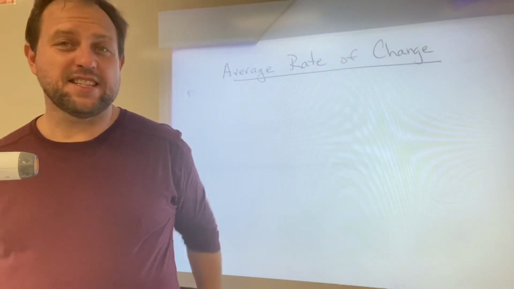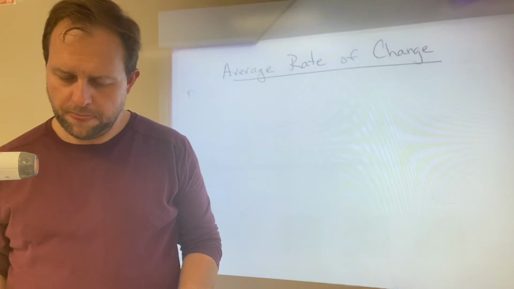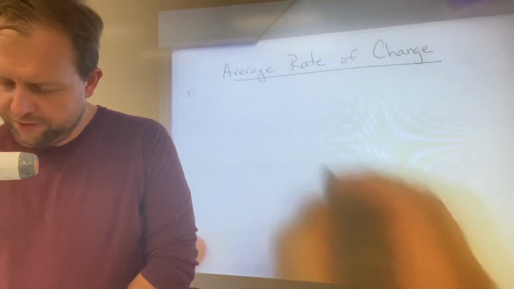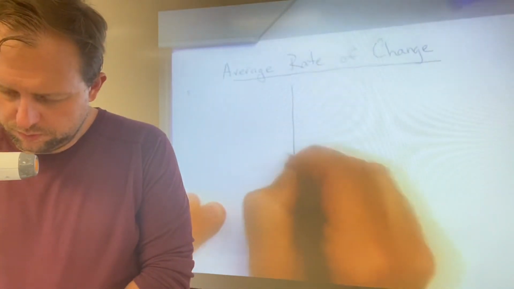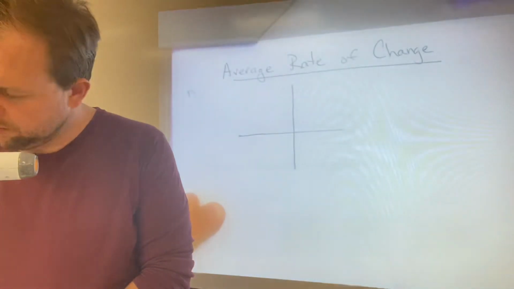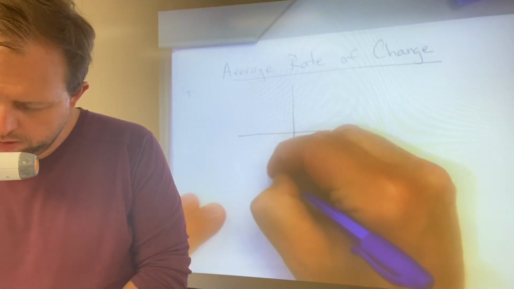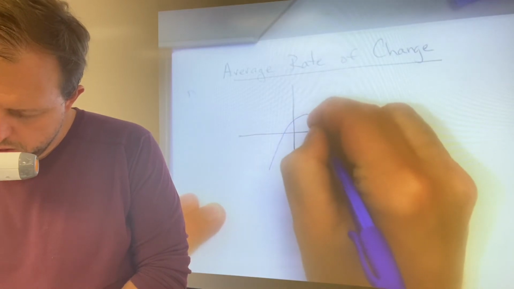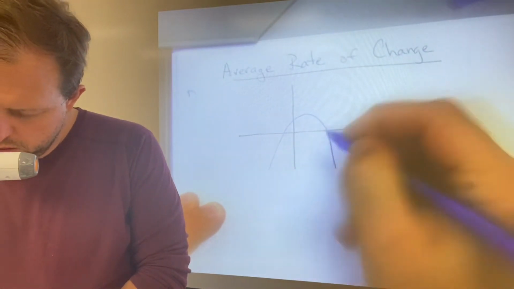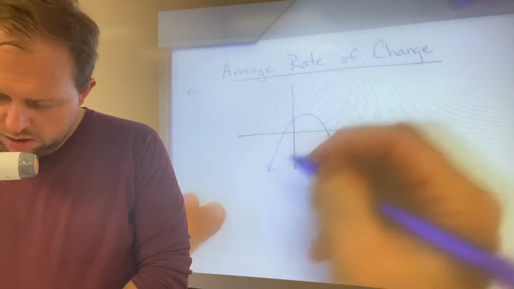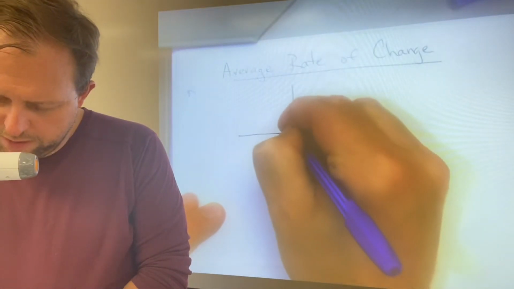And it's kind of like slope. Okay? So if we have a graph, let's say we have a quadratic opening down. And we look at a couple of points.